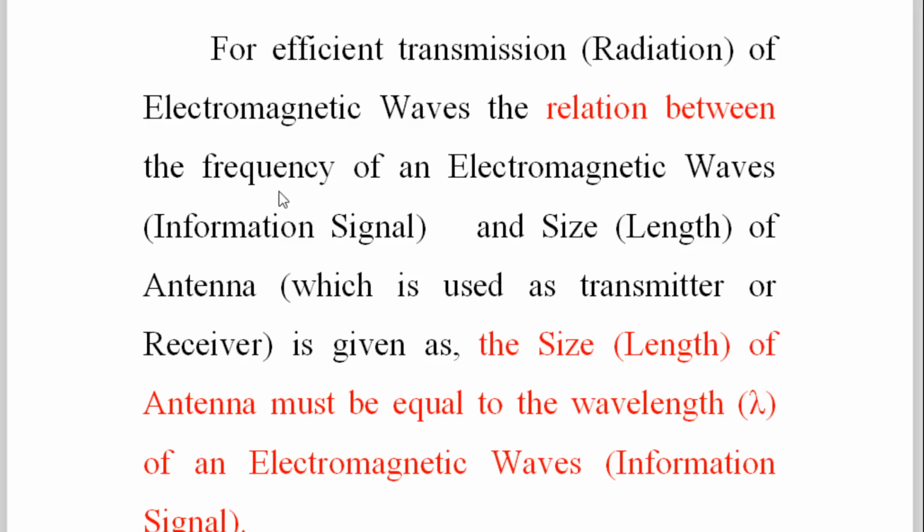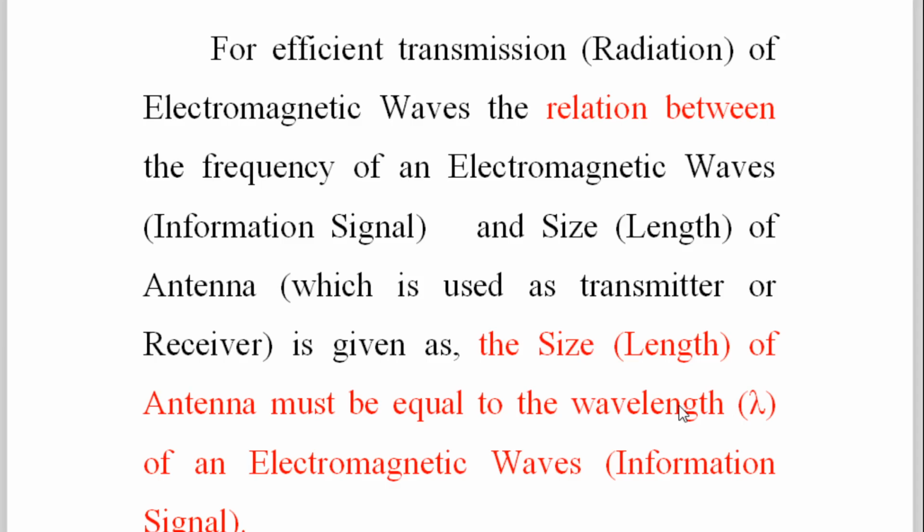The relation between the frequency of the electromagnetic wave, that is the information signal, and the size of the antenna, meaning the length of the antenna used to transmit or receive the signal: the size of the antenna must be equal to the wavelength of the electromagnetic waves, that is the information signal.